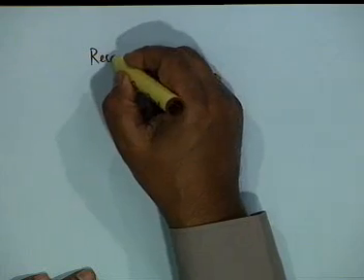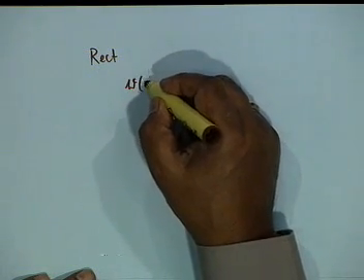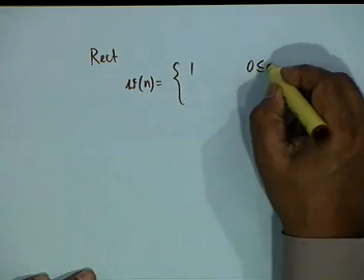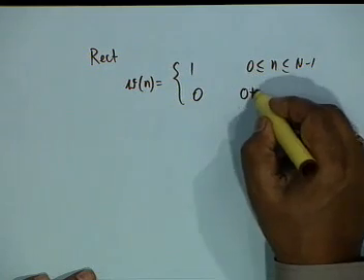The rectangular window first. Rectangular window, that is w[n] is equal to 1 for 0 less than or equal to n less than or equal to N minus 1 and 0 otherwise.